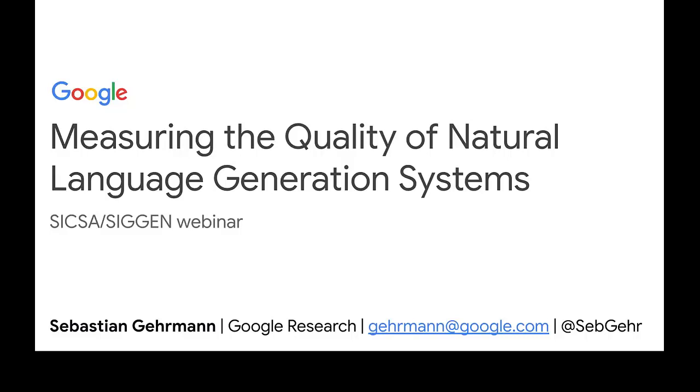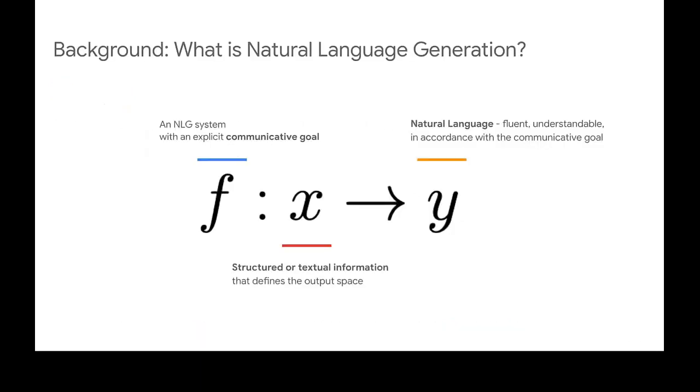Hence the title. Since many of you might not be super familiar with natural language generation as a research field, I want to first start by giving you a little bit of background as to what all of the terms I'm going to use throughout this talk actually mean. So what we define as natural language generation is often this transformation of structured or textual information into natural language.